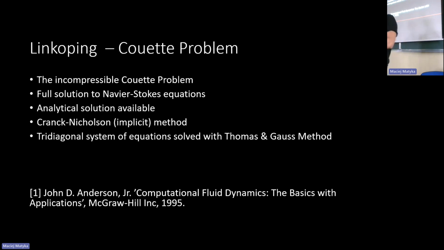And I saw this CFD course and I said, wow, I will do it because I didn't know anything about really the basics of it. I just did this one solver. And then these people told me it's impossible because the lecture is in Swedish. So I asked, why can't I just do what is for the course? And they said, okay, we'll give you materials.